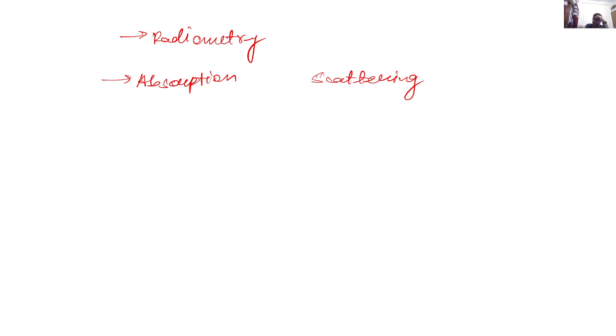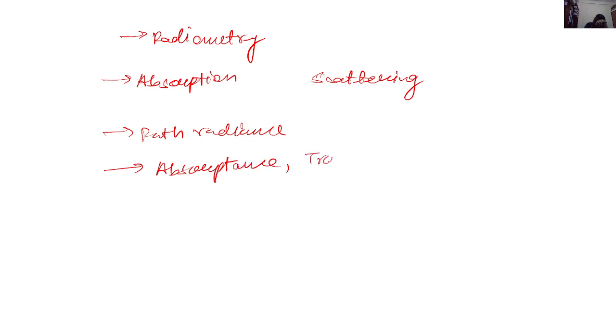We learned radiometry for the very first time. Then we learned about what path radiance is. What is absorptance, transmittance, and reflectance. So transmittance can only happen in non-opaque bodies.